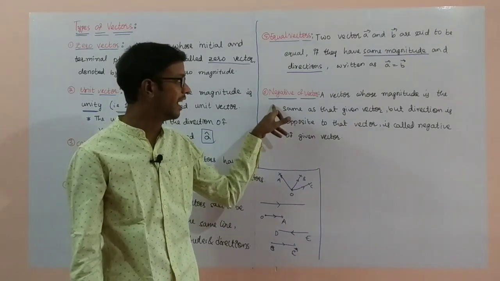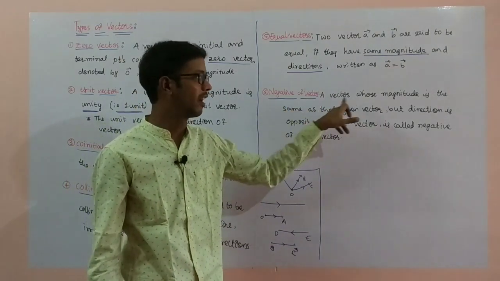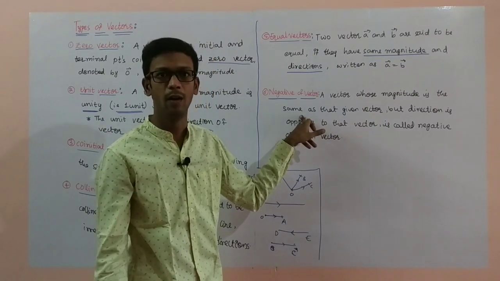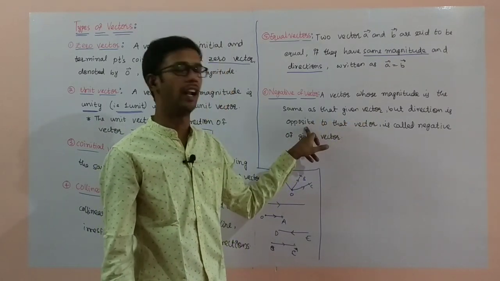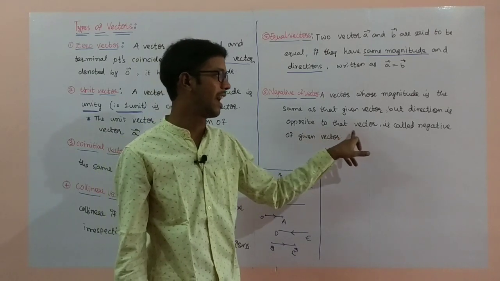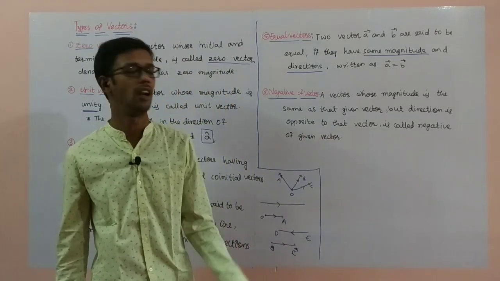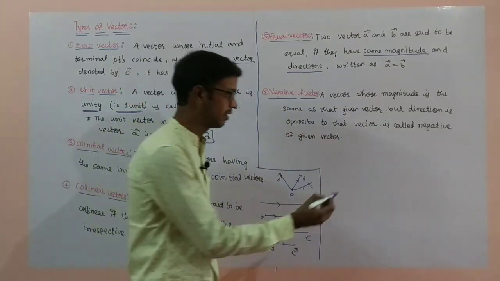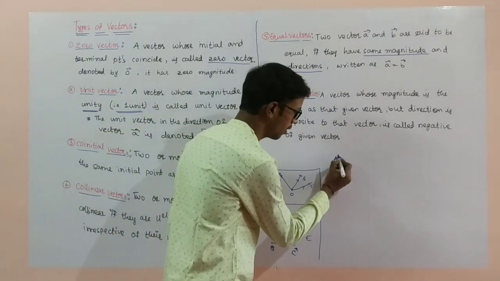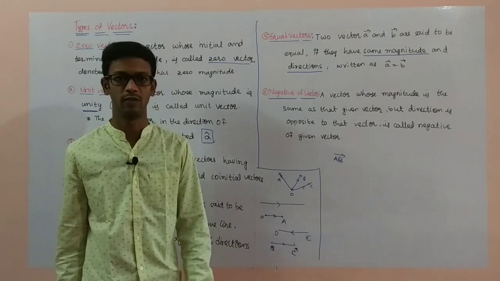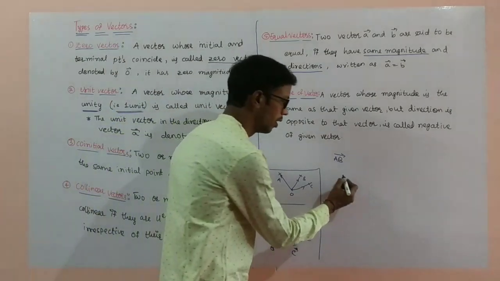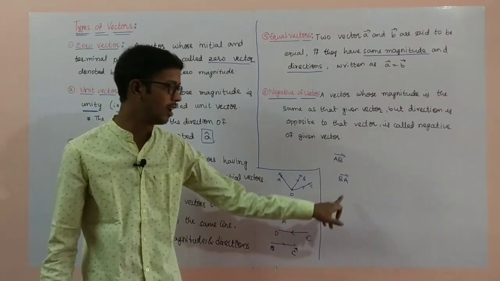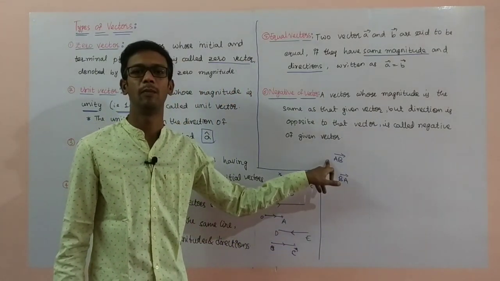Next, the negative of a vector: a vector whose magnitude is the same as the given vector but with opposite direction is called a negative vector. Example: AB bar is one vector. BA bar is the negative vector of AB bar. Why?